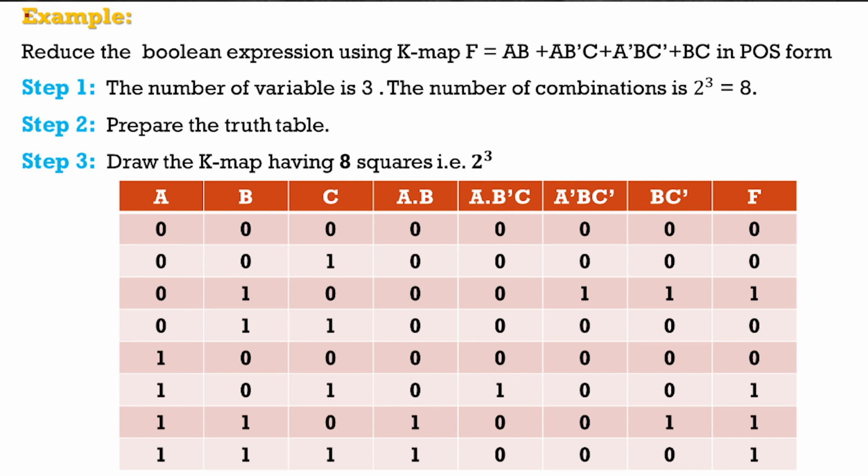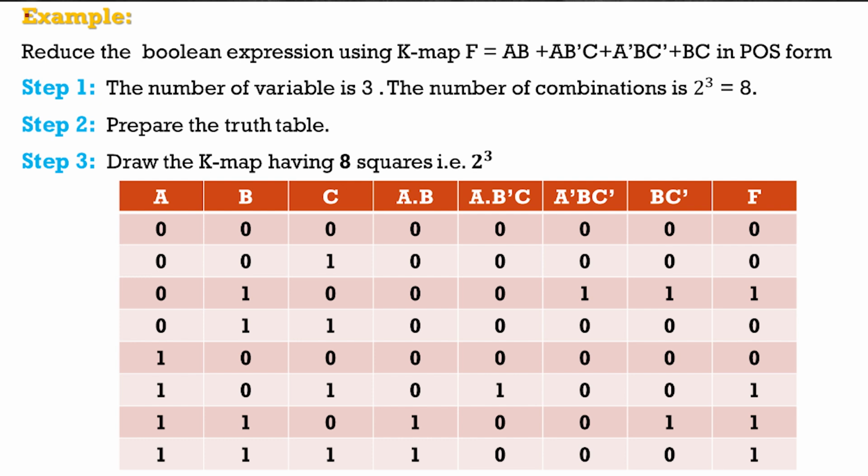We can see that the max terms of the second, third, fifth and sixth rows have the output function f equal to 0. You can see the second row, the third row, then the fifth row and the sixth row, where the output value f is equal to 0.